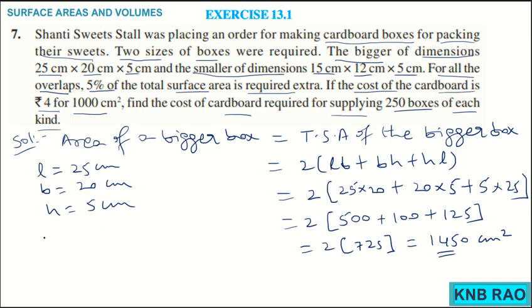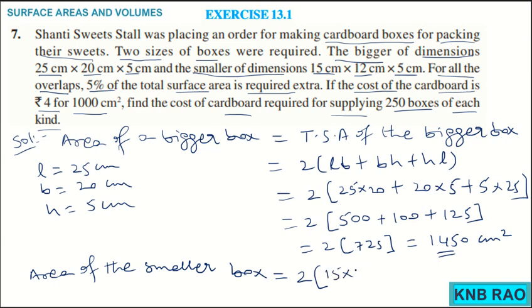Now similarly we will go for finding the area of the smaller box. So the area of the smaller box is found the same way. Since it is a cuboid shape only, 2 times of 15 12s plus 12 5s plus 5 15s.